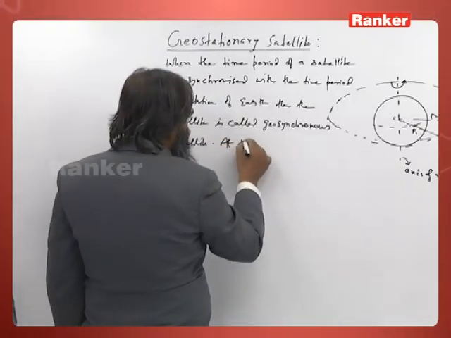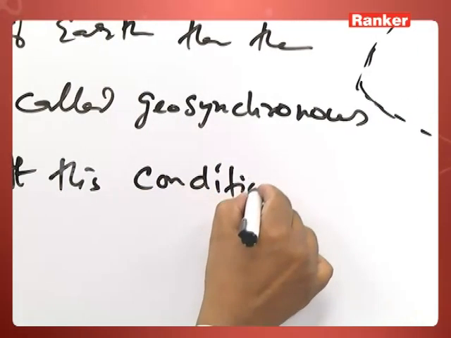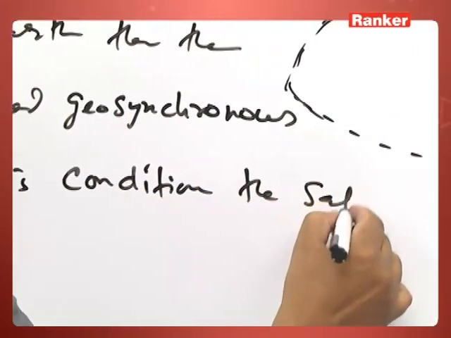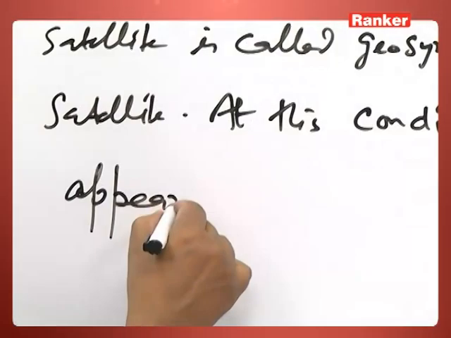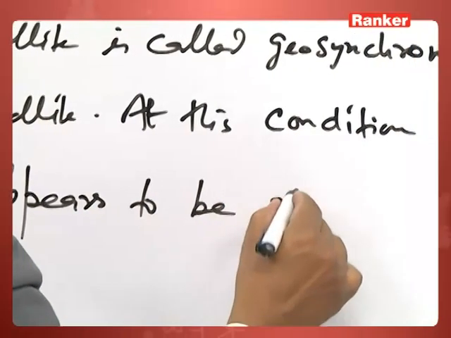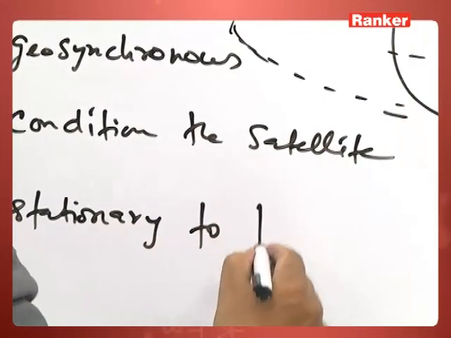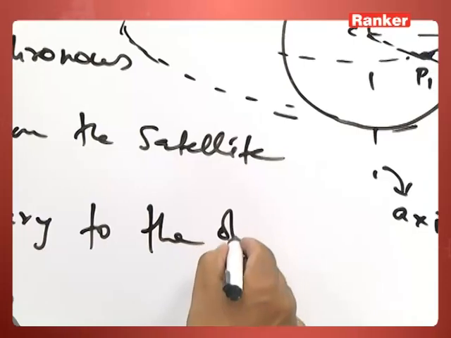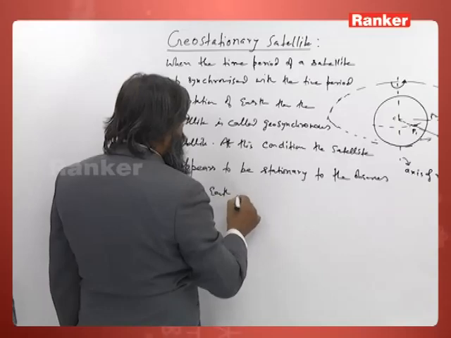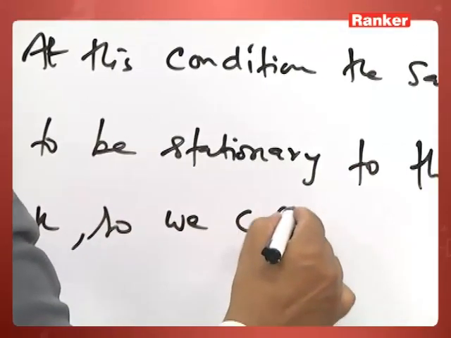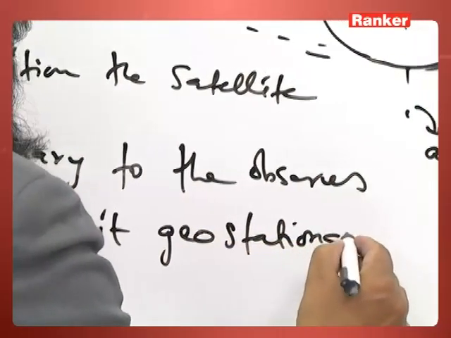At this condition, the satellite appears to be stationary to the observers on Earth. So, we call it a geostationary satellite.